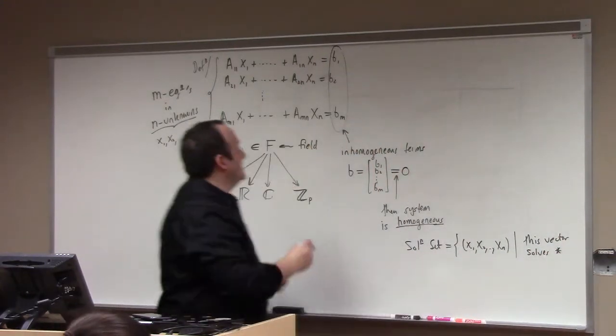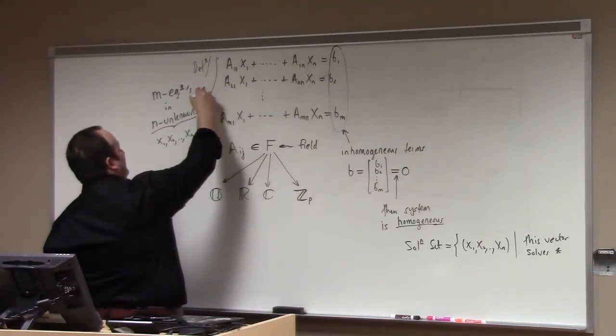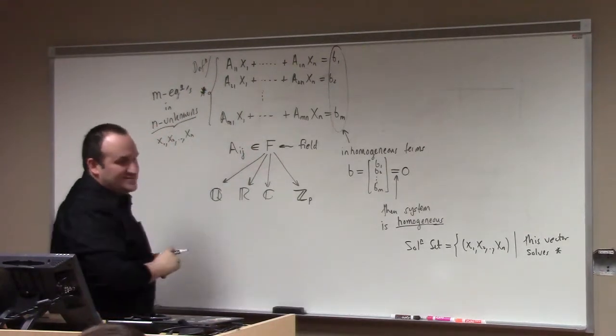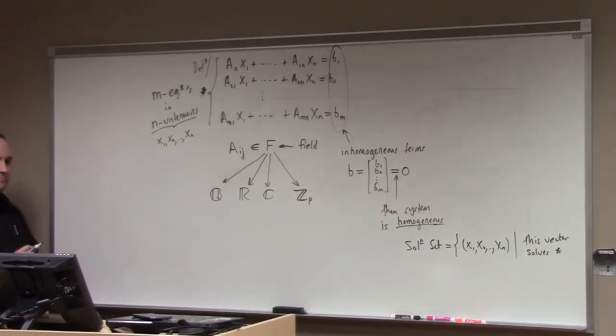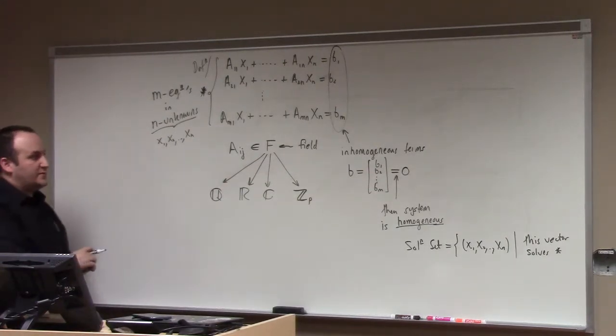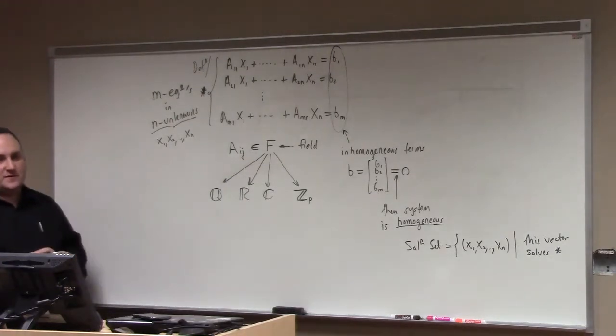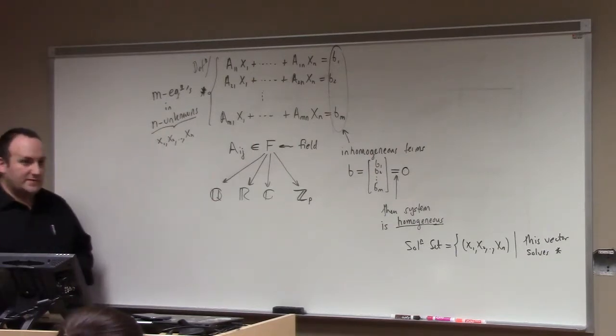Let me give this whole thing a name, star. So it's the set of all tuples which, when you plug them in, simultaneously solve not the first equation alone, not the second equation alone, not the mth equation alone, but all of them at once. Simultaneous solution.